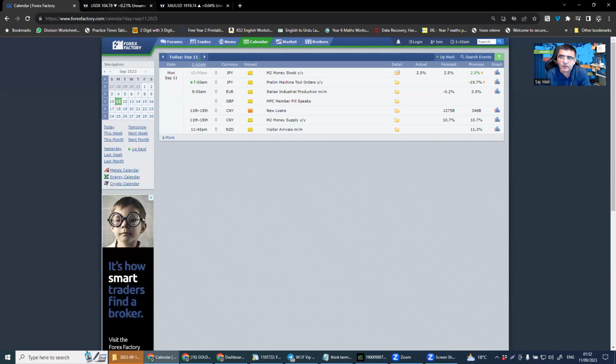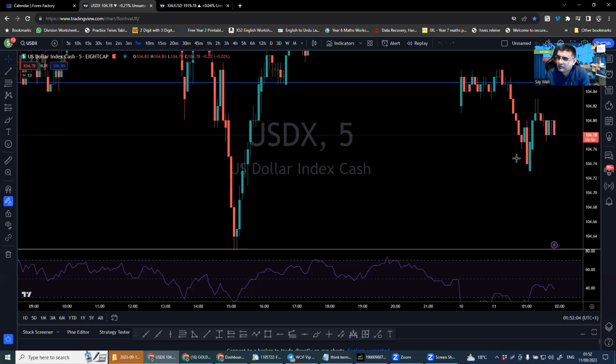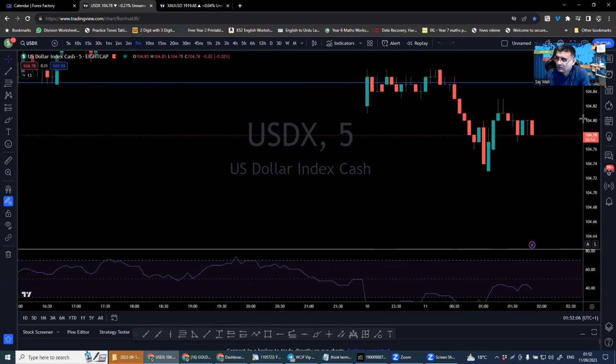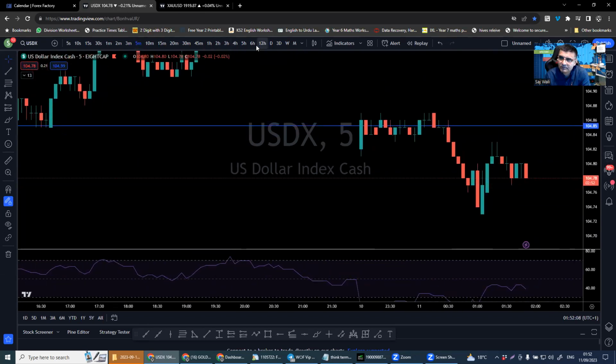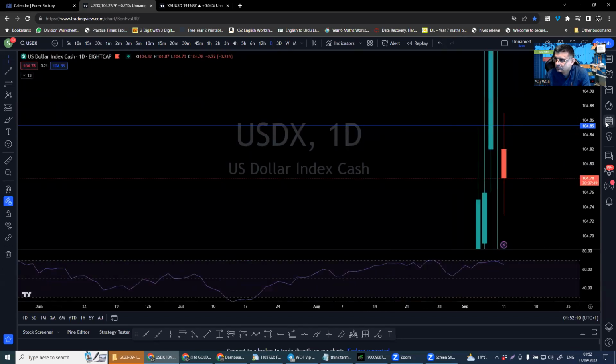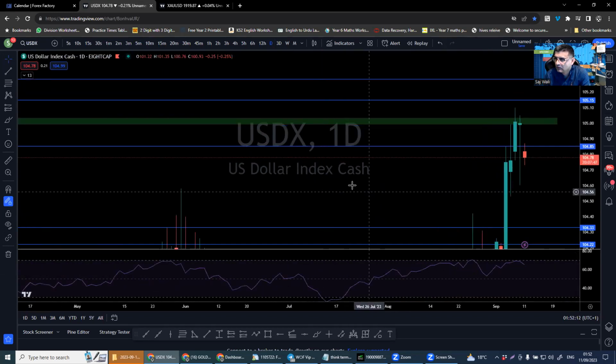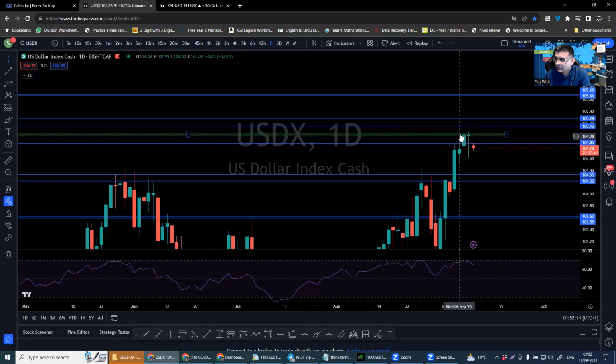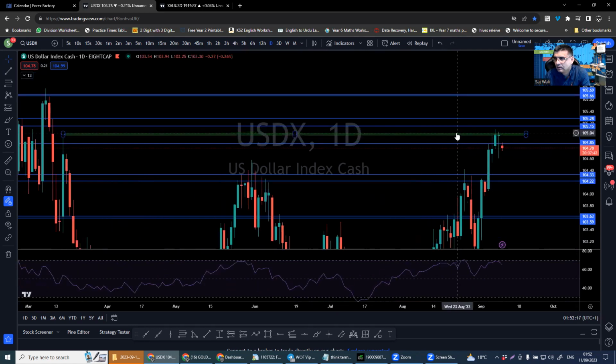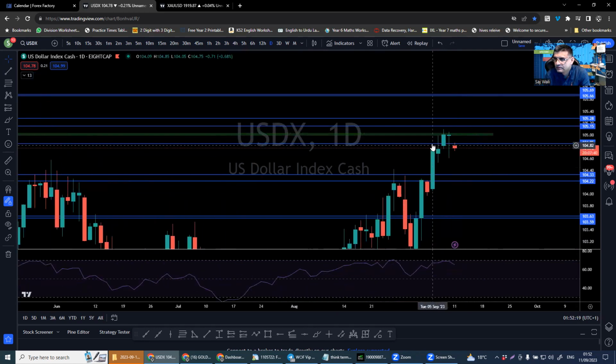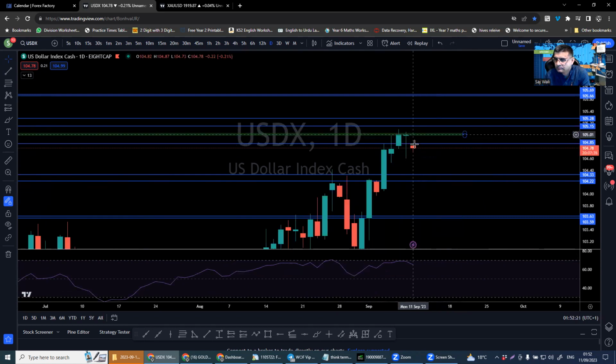So let's see what's happening in the Dixie. Dixie is coming down at the moment, and some levels of Dixie. Dixie had a rejection here, and this daily candle shows that it probably will be a rejection up to this level, 104.31.